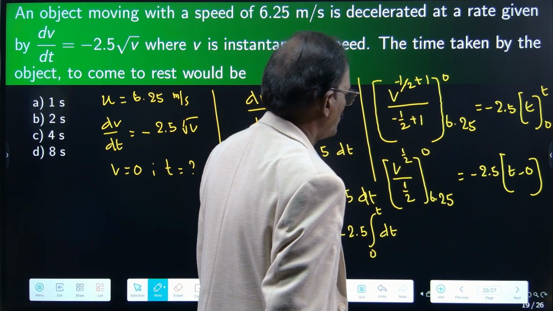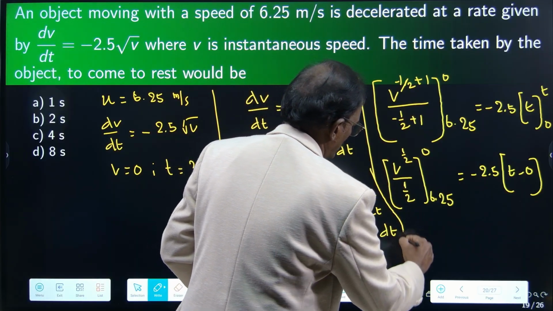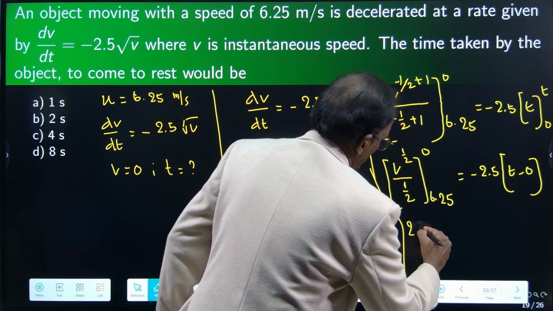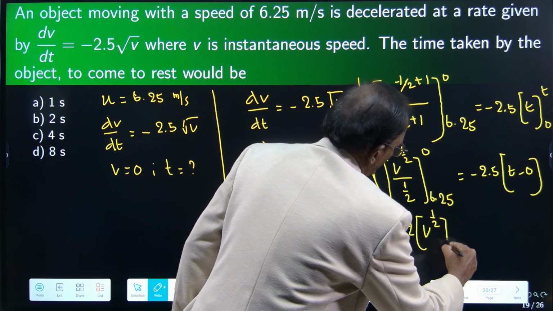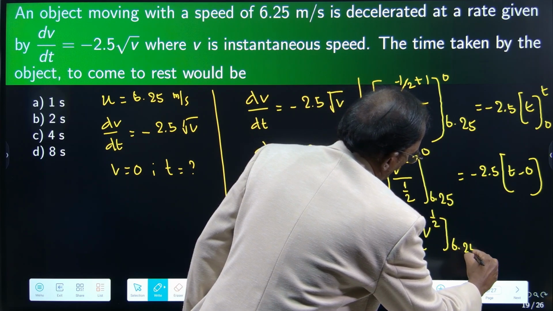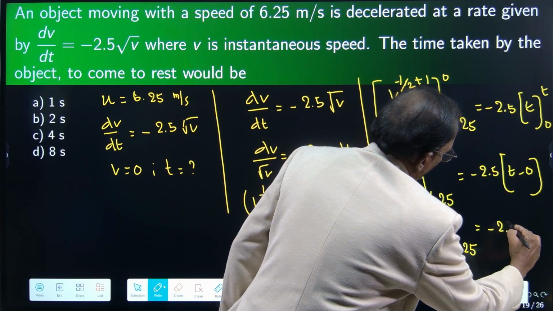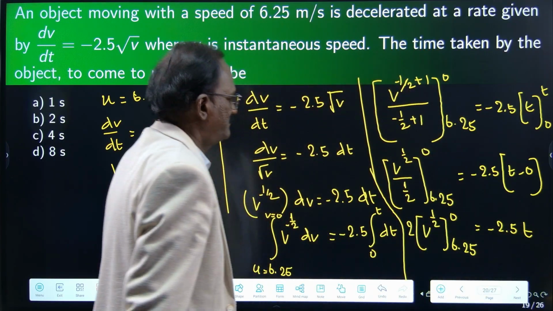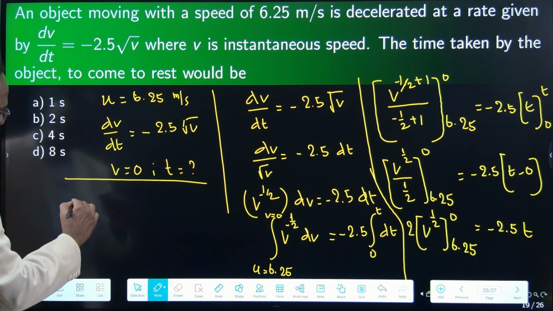Limits I have substituted. So the 2 can be taken to the numerator. 2 times v power half, from 6.25 to 0, is equal to minus 2.5 t.